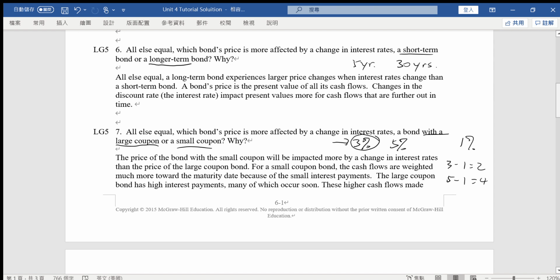You will find that the small coupon bond is affected to a greater extent than the large one. Because finally, this one drops by more than 33 to 50%, but for the other it's just around 20%, right? That's why it's a quicker impact on the bond price, and so the small coupon bond will be impacted more than the larger one.